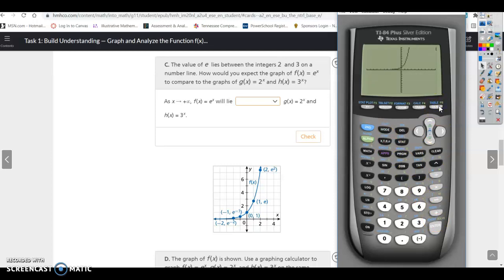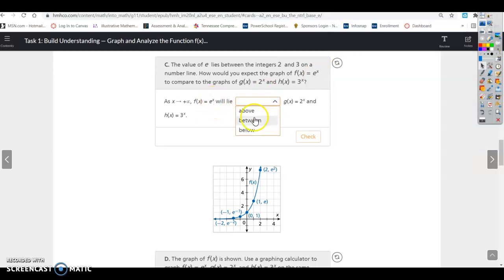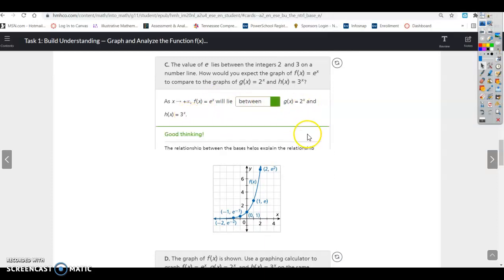So the first one's graphed. You can see it's graphing 2 to the x underneath it, and it looks like 3 to the x is just above it. All right, so as x approaches infinity, going to the right, f of x equals e to the x will lie in between 2 to the x and 3 to the x.